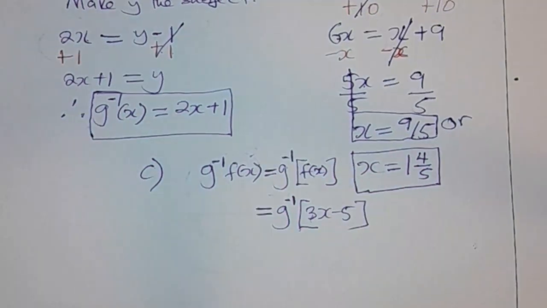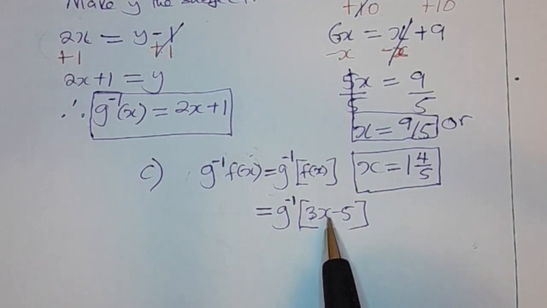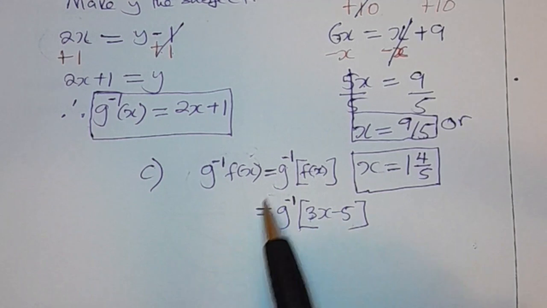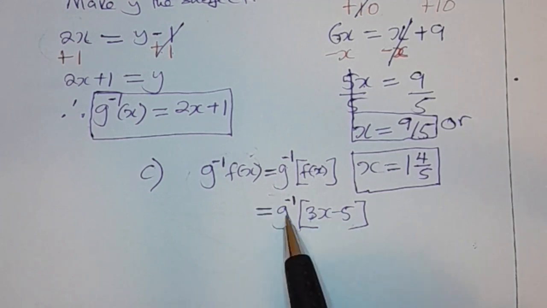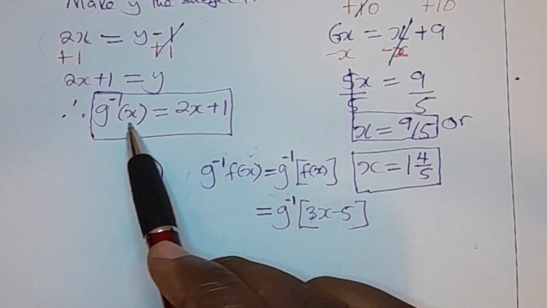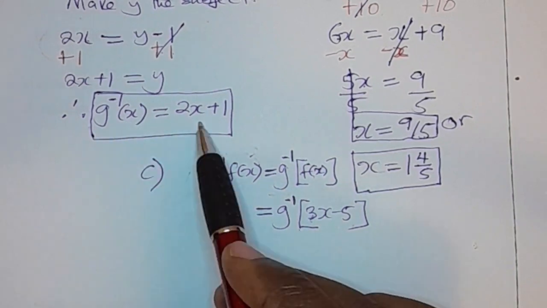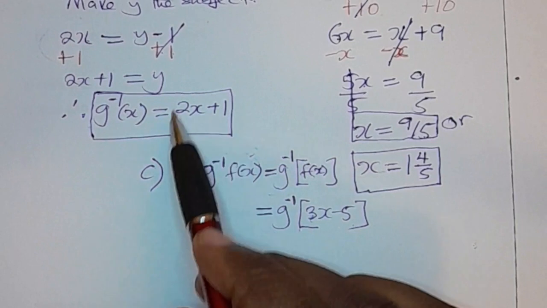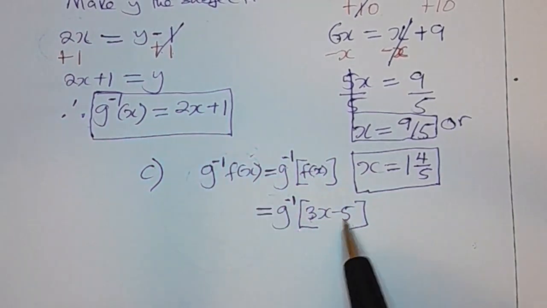Okay, now at this stage, just as I said earlier, this function is inside the inverse of the function g of x. So what it means is that in this function, the inverse of the function g of x, wherever there's x here, you are going to substitute 3x minus 5.